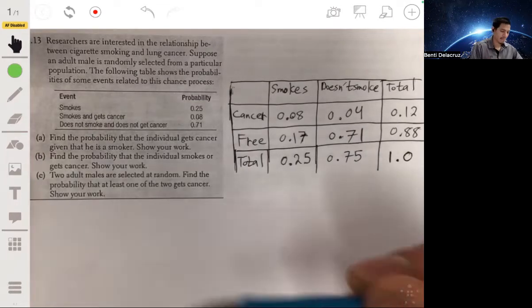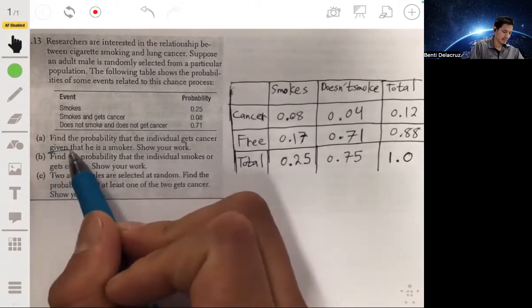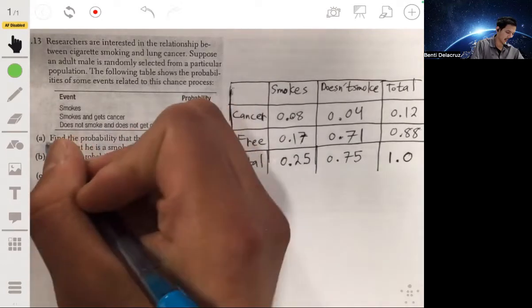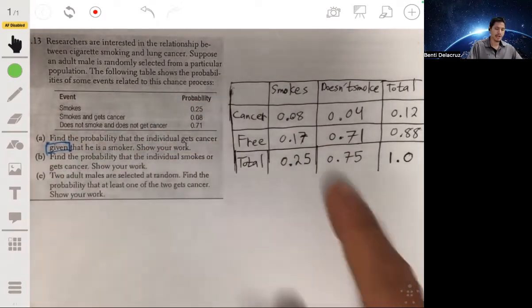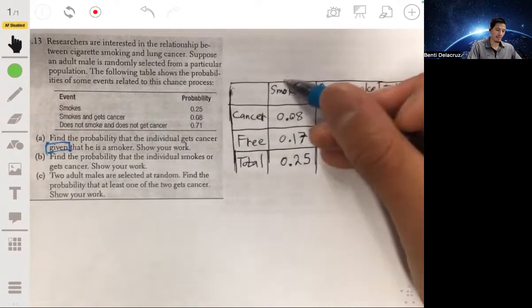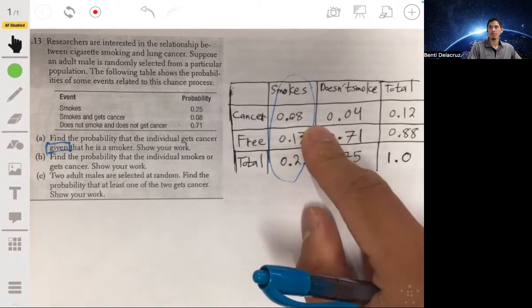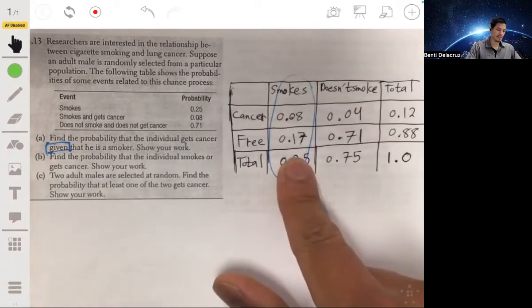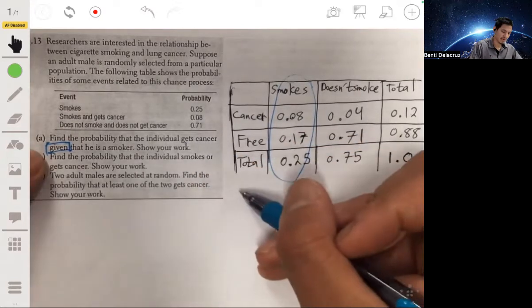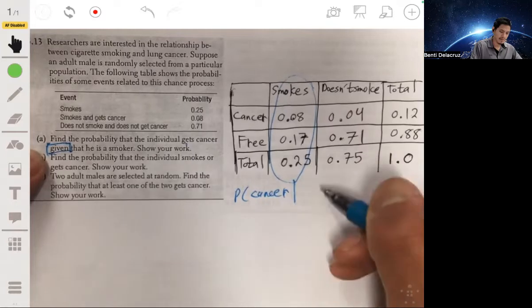So part A, you want to find the probability that the individual gets cancer given that they're a smoker. So if they say given that they're a smoker, we care only about the smokers in this case. So for them to be a smoker, they have to be in this column. So we're only going to care about these proportions. So we want to find the probability of cancer given that they're a smoker.